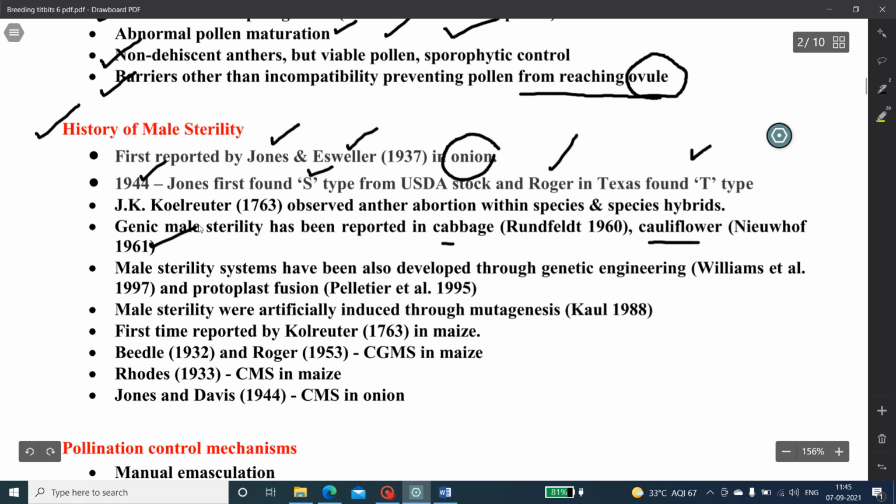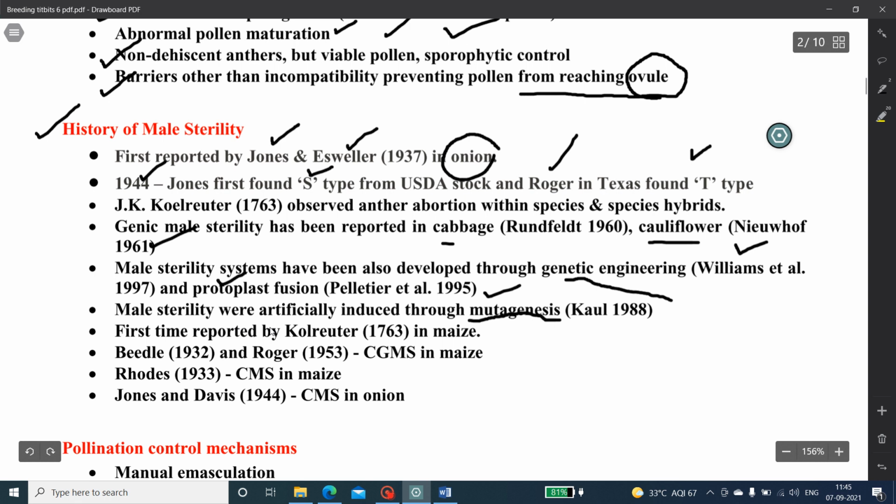Male sterility systems have also been developed through genetic engineering by Williams and co-workers, and particularly protoplast fusion by Pelletier and co-workers in 1995. Male sterility was also artificially induced through mutagenesis. There are some mutagenic chemicals that will induce male sterility artificially.